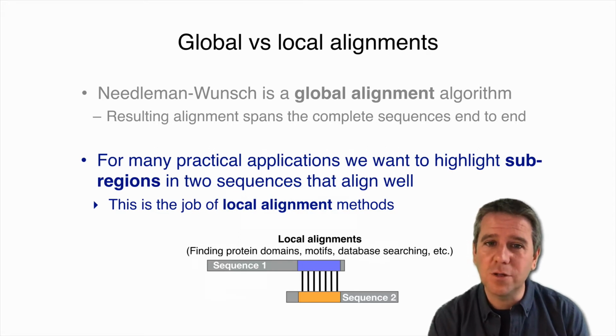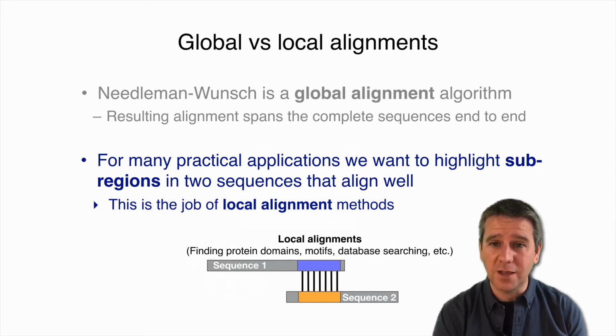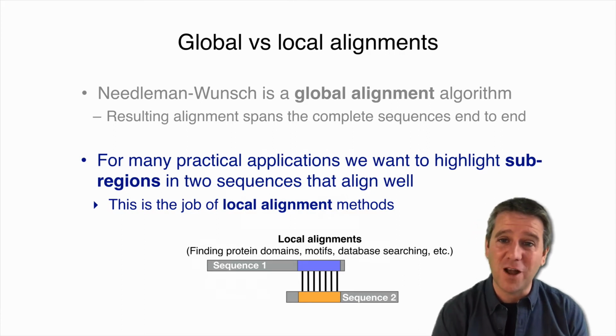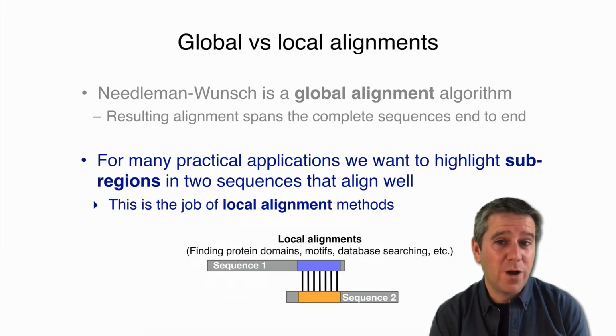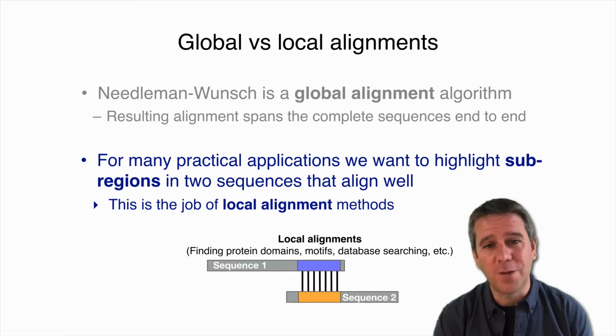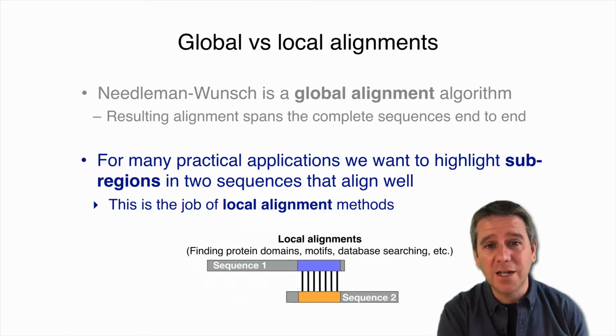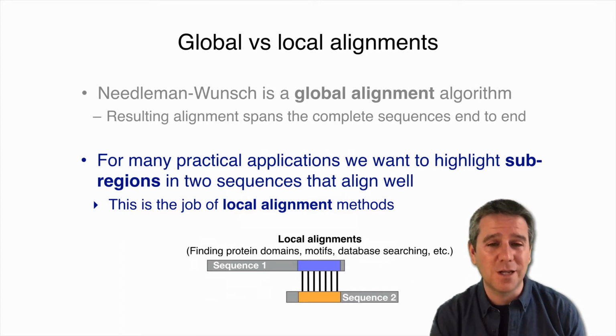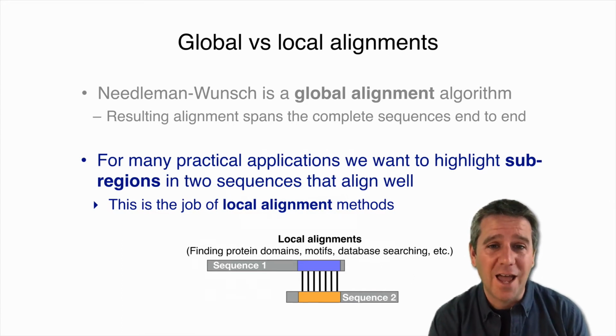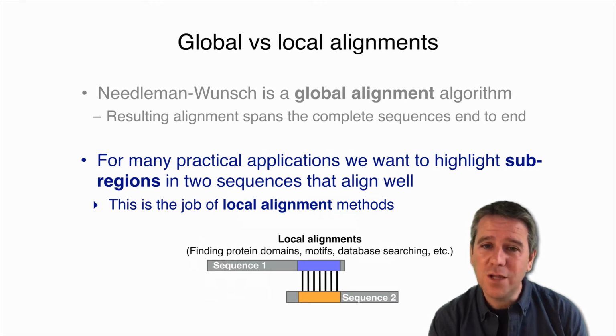Now these two sequences might otherwise be unrelated outside these alignable regions, like the little graphic here, and they could be perhaps of very different lengths. For example, one could be a whole genome sequence that we want to align little fragment sequences to. It doesn't make sense to try and do a global alignment for these things. Now this is the job of local alignment methods.